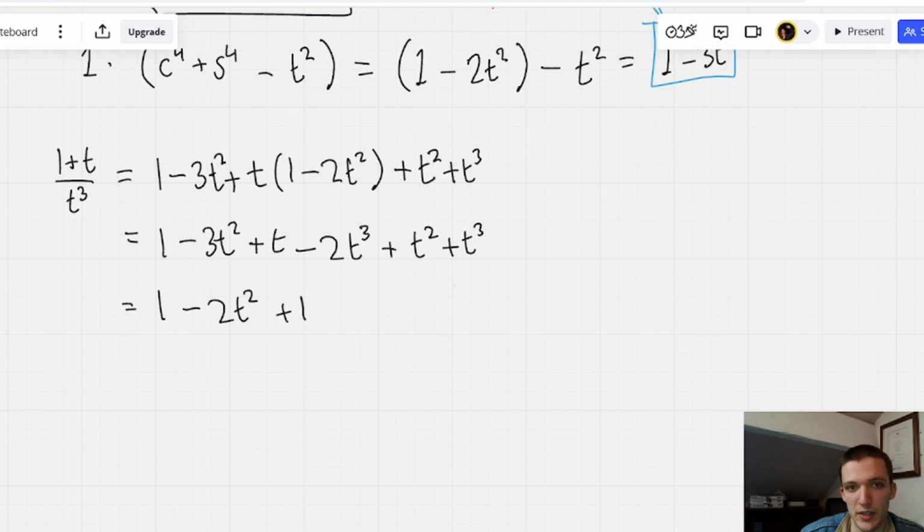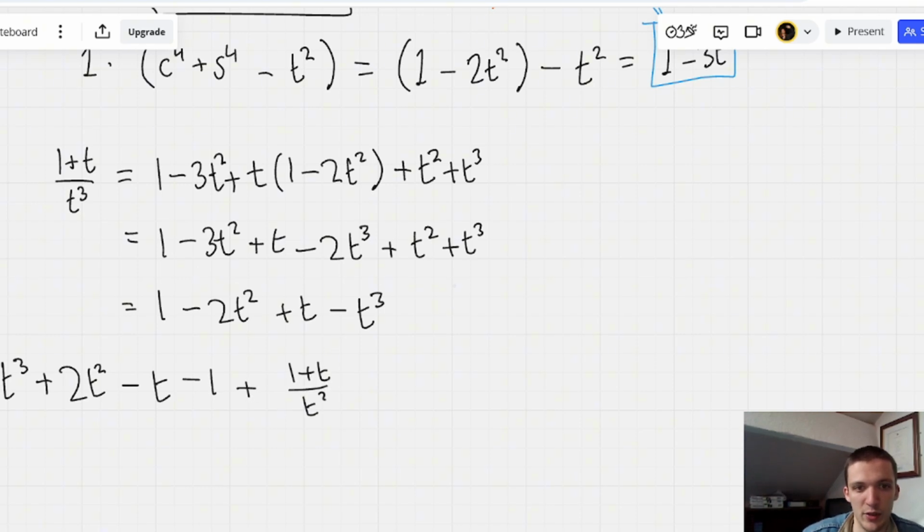We've got plus t, we've got minus 2t cubed plus t cubed is just minus t cubed. Let's add everything over onto the right hand side to make it all positive and make a polynomial equaling 0, that's going to be a t cubed plus 2t squared minus t minus 1 plus that 1 over t cubed phrase equals 0.